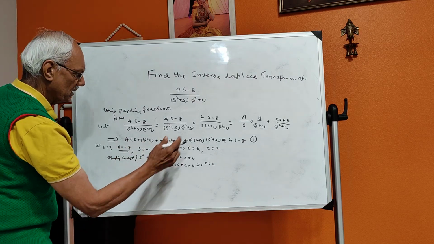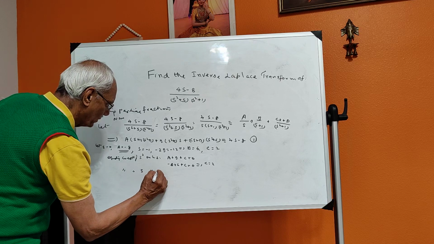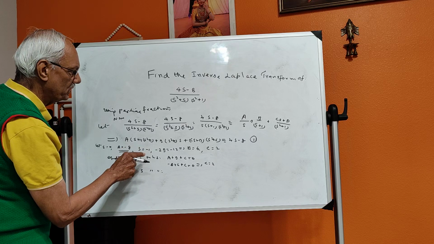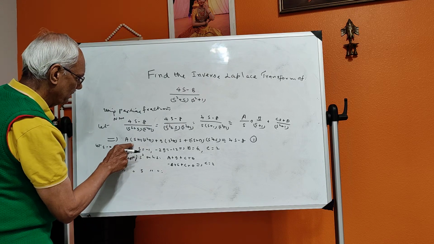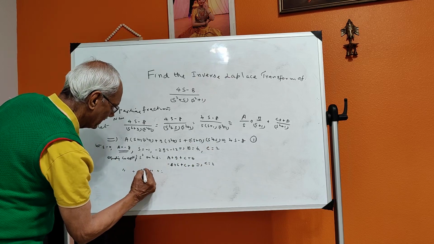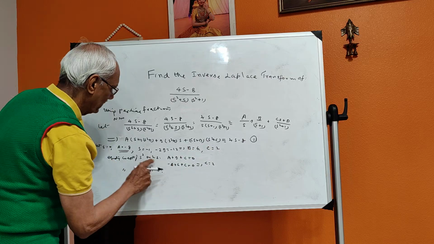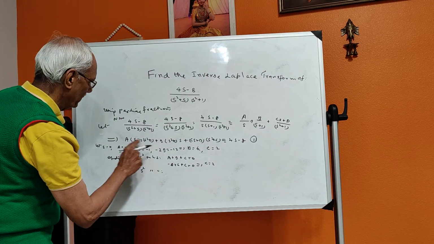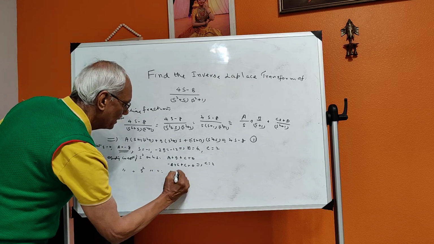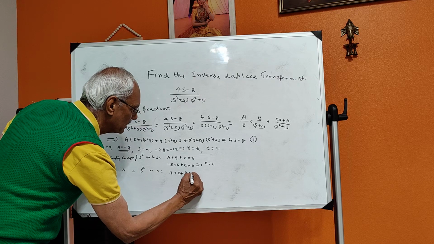Now equating the coefficient of s on both sides, here you will see that there is s squared in the terms with C and D, but no s squared on the right side. So A plus C plus D is equal to 0.